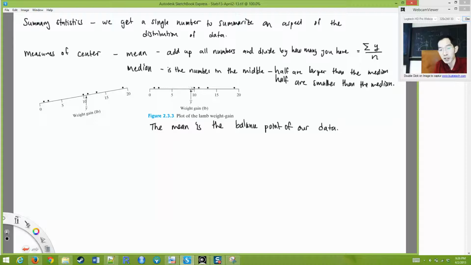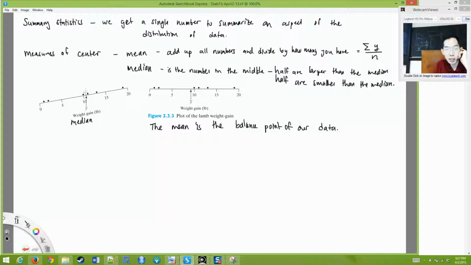The mean is the balancing point. You put a little triangle here. This number line is balanced. This over here, this is the median. And if you were to use this as a balancing point, the little seesaw would be off kilter. So the median is not the balance point, but the mean is.